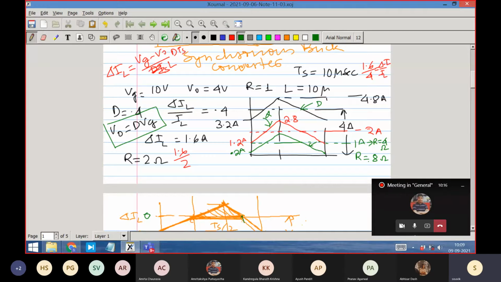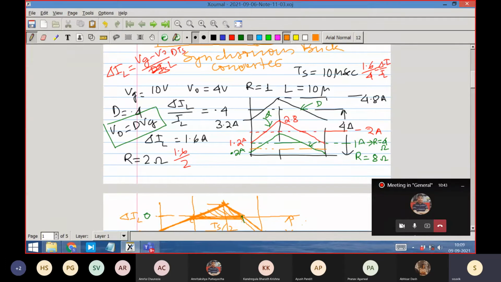So let us go by the same method and see what is happening. Same method means I will again shift the current level. Current level is how much now? Average current level is 0.5. But the ripple, if I go by the same formula, V0 equal to dVg, should not change.